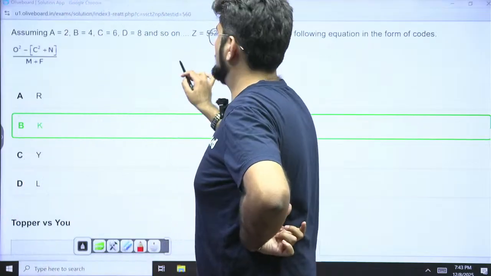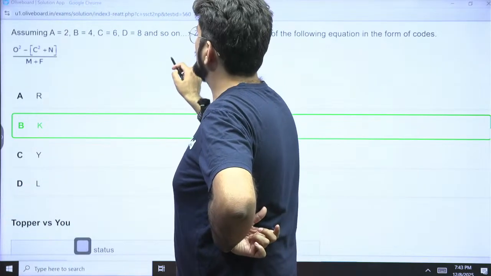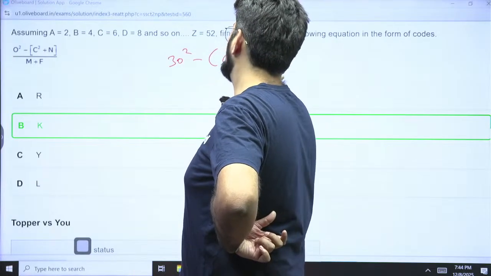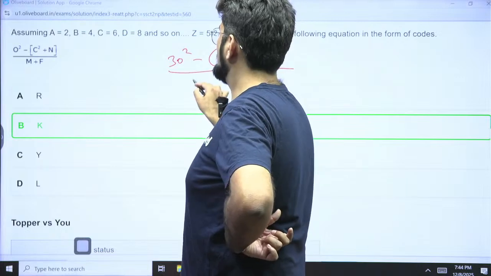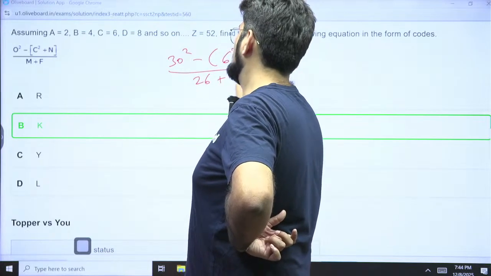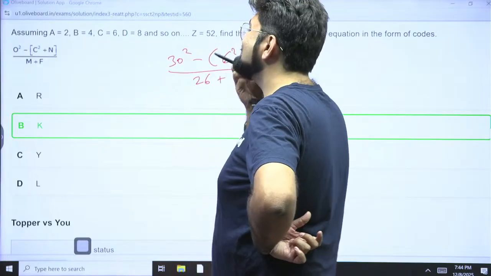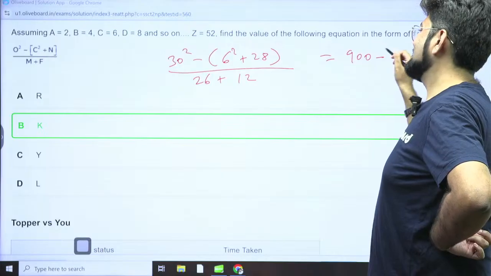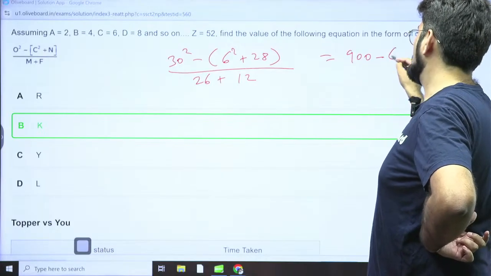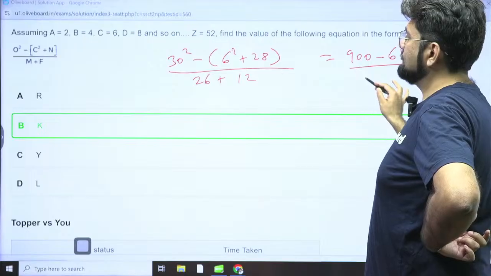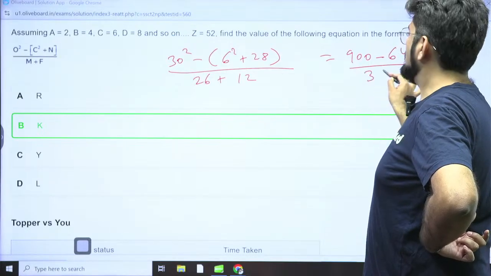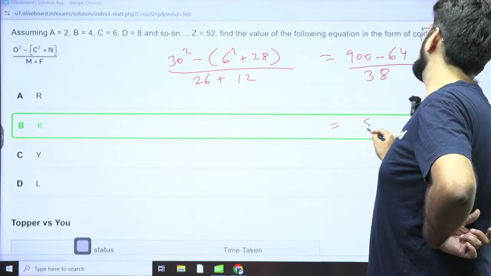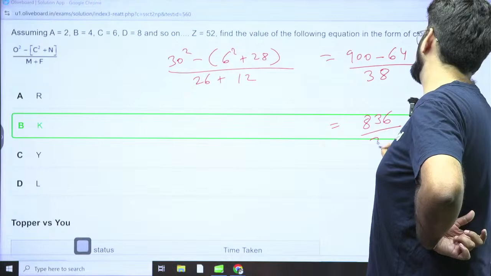I'll just quickly check it again, okay. So this is 15 into 2, 30 square minus 6 square plus 28 divided by 26 plus, oh, this was 12, no? Yeah. So this is 900 minus 36 plus 28, 50, 64 divided by 38. So this is 840 and 4, 836 divided by 38.